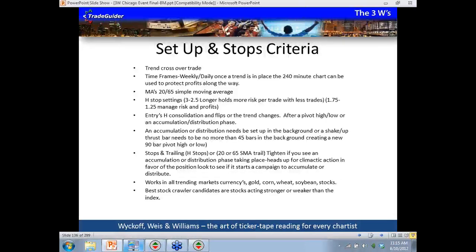And when the index is going down, all of a sudden you start to see upthrusts on ones that were acting stronger, but they're starting to turn now too. And so really phase it with the market as well. So if the market's trending up, well, you're going to be looking for things that are moving up and gap down shakeouts to start your position. And after the trend has changed, you can start looking for pullbacks, tests, no demands, and upthrusts as well. So what this does is it catches you.